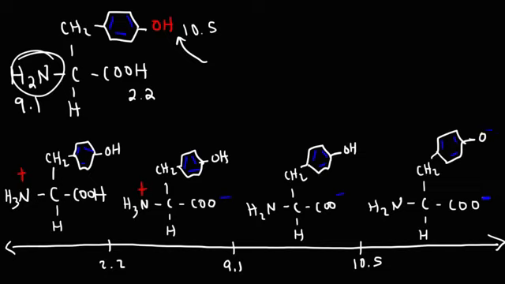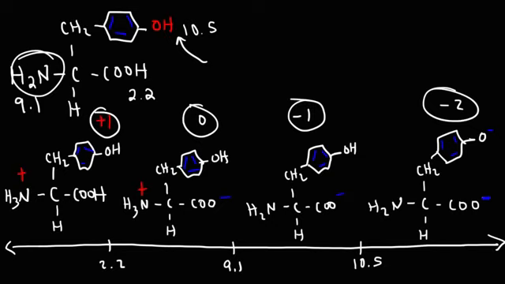So the total charge is +1 for the first structure, and then it's going to be 0 for the second one, -1 for the third, -2 for the fourth. So it always decreases by 1 from left to right, as you can see. The Zwitterion that we're looking for has a net charge of 0, so this is it.